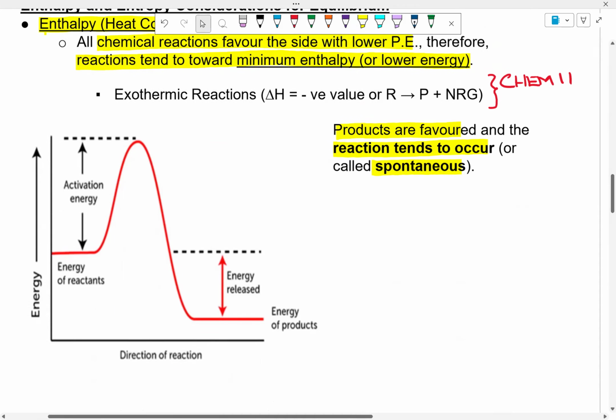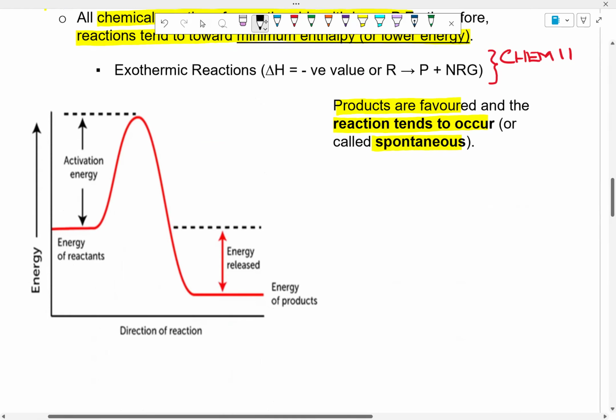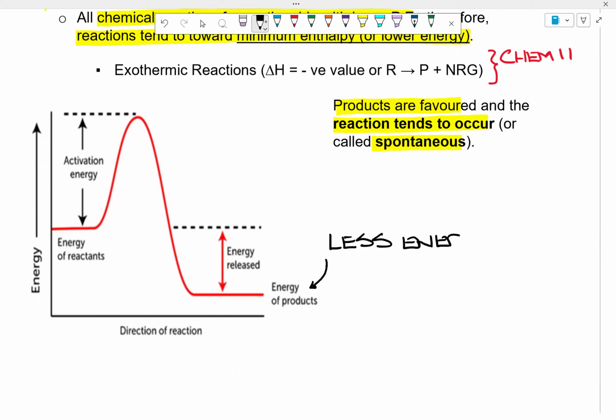Why is that? If you take a look at the energy of the products here, this has less energy, and therefore more stable.